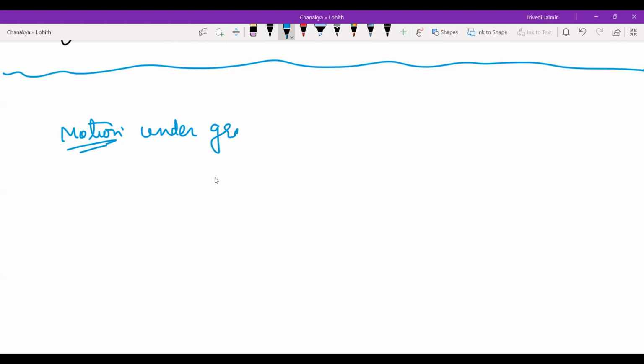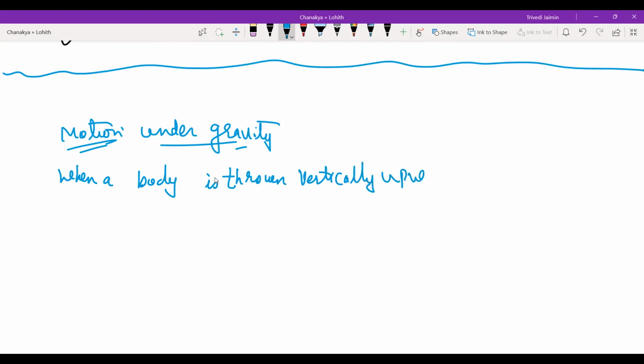Motion under gravity. That means when the body is thrown vertically upward. Okay, so when we are throwing something upward, it includes two-dimensional motion, right? Yes. What are the two types of motion?